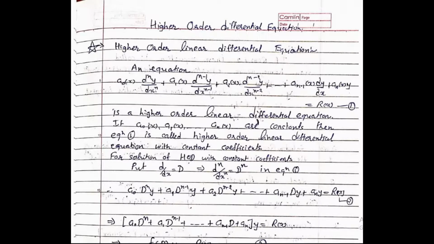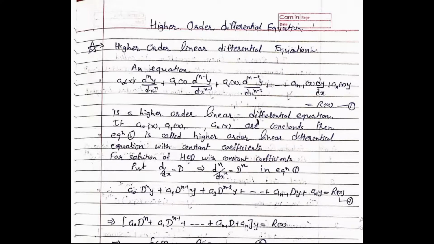Now the equation of the form a0(x) d^n y by dx^n plus a1(x) d^(n-1) y by dx^(n-1) up to a(n-1)(x) dy by dx plus an(x) into y is equal to r(x). This equation is called a higher order linear differential equation.